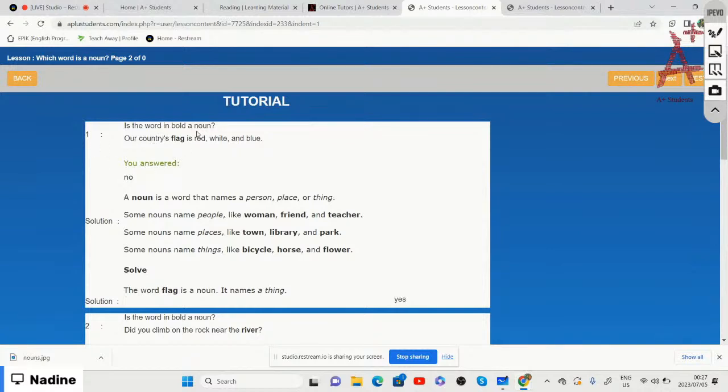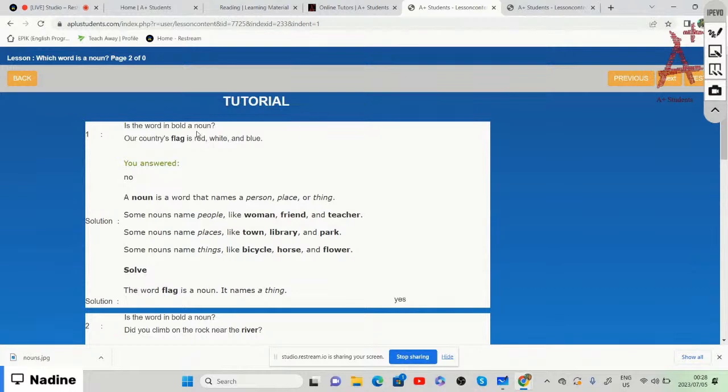Our country's flag is red, white, and blue, right? We need to say if the word in bold, which is flag, is a noun. Does it name a person, a place, or a thing?